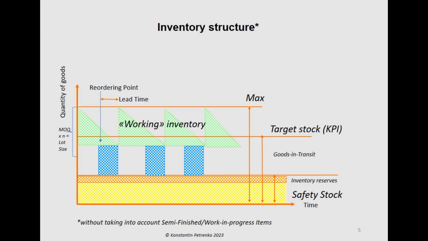You have to bear in mind that you usually keep some safety stock to mitigate risks of unexpectedly high demand, or supply delay. Safety stock has to be kept as minimum as possible as it is your ballast goods that freezes your working capital. Some companies add inventory reserves to manage unexpected events like force majeures of various natures. Needless to say, you have to keep your working stock level below your target KPI inventory.